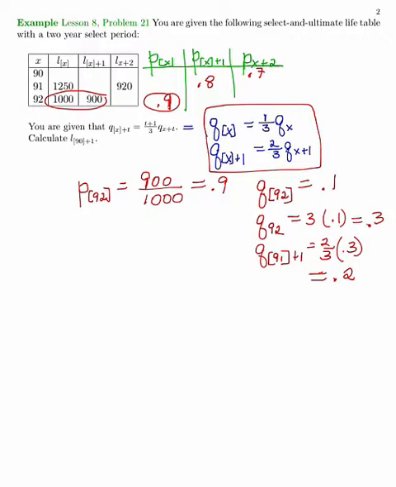All right, so next I think I will look at these 2 entries because I know their ratio is 0.7, which I just computed. So I can figure out L92.